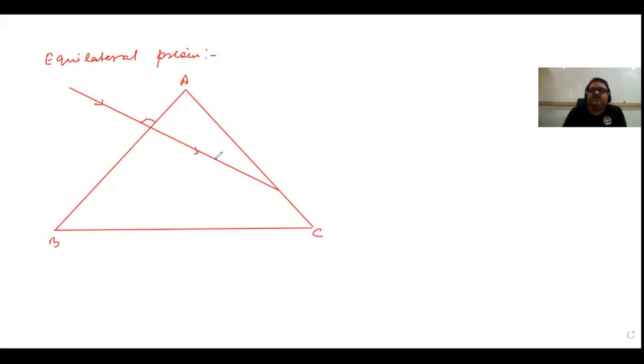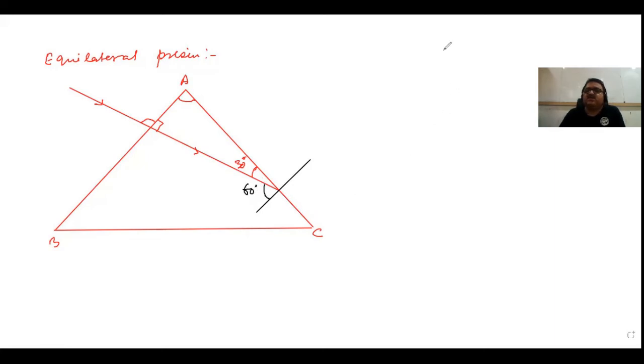Now, if the ray of light falls like this, so obviously this is 90, this is 60, so hence it is 30. Now let's draw a normal first, correct? Now the question is, if it is 30, so this angle is what? 60.